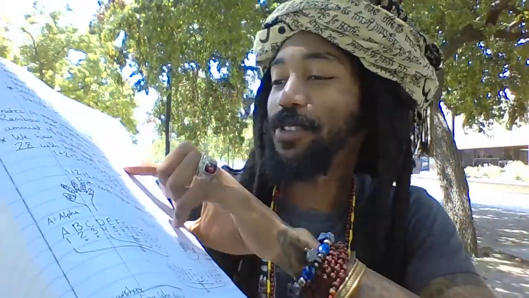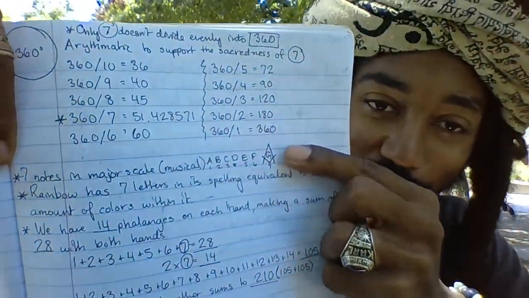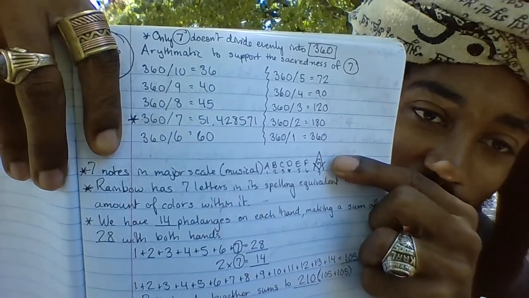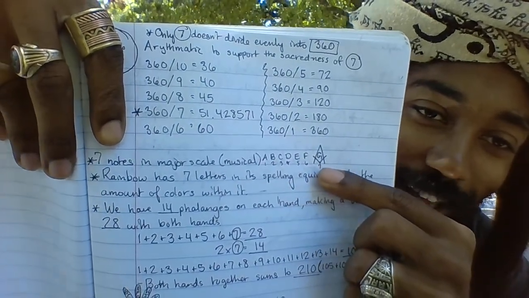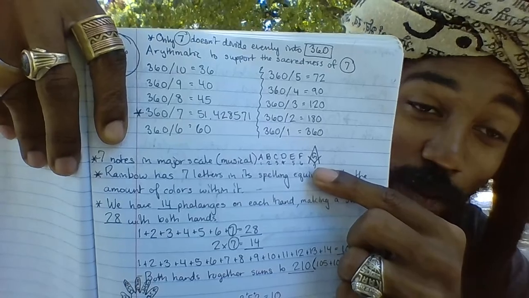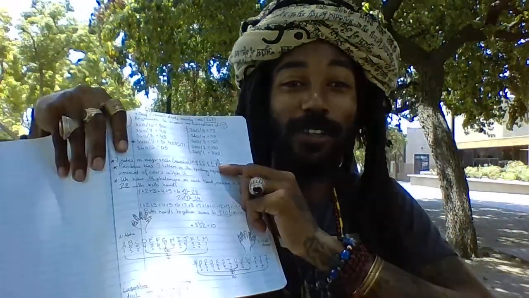The 7 notes in the major musical scale, in which I put the little Masonic sign on the G, because that's more of their symbolisms. Mason, or Ma and Son: Ma the mother figure and the Son the Christ figure.